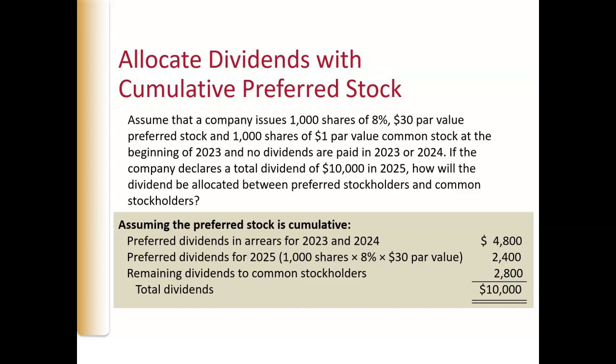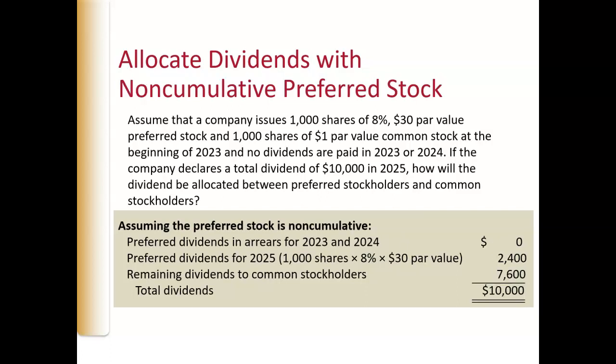Yes? No? Now, if it's non-cumulative, what that means is if they didn't authorize any dividends that year, it's just gone. So if they didn't pay out any dividends in 2023 and 2024, no one's going to get dividends for those years.